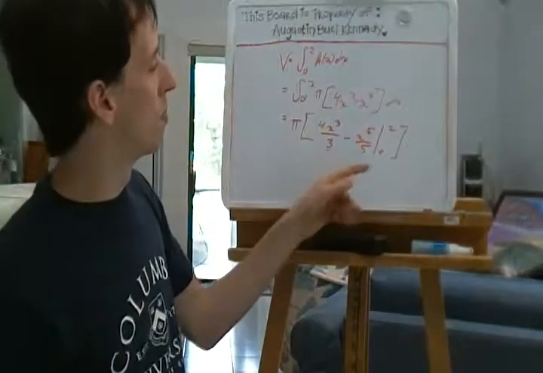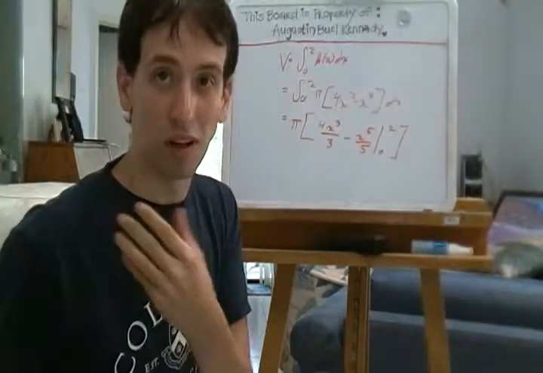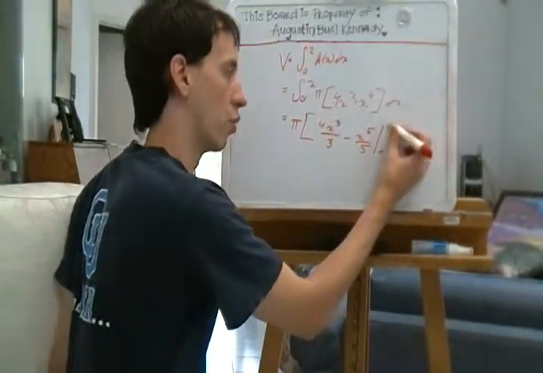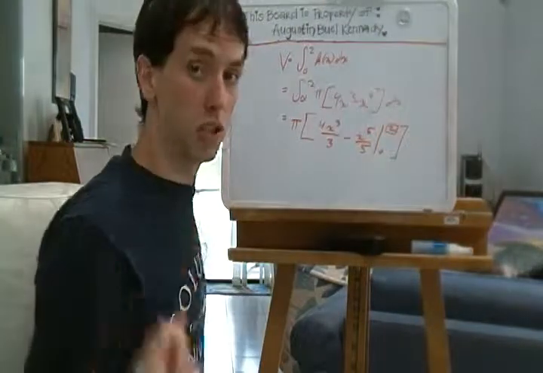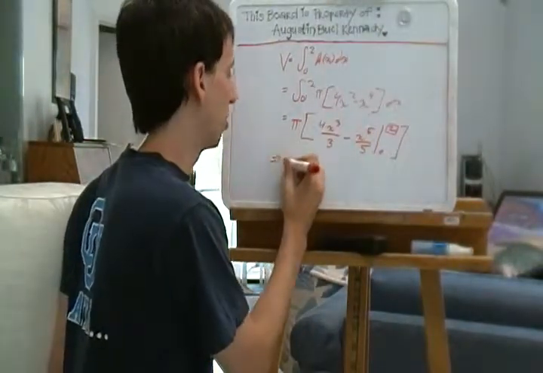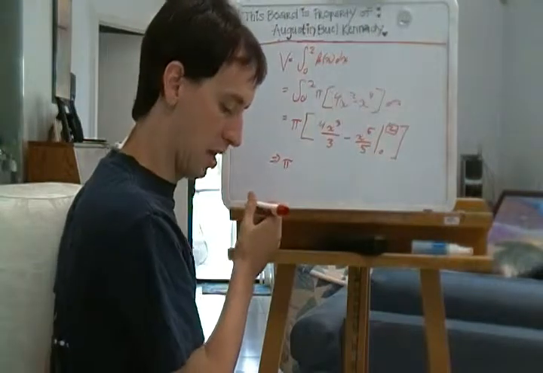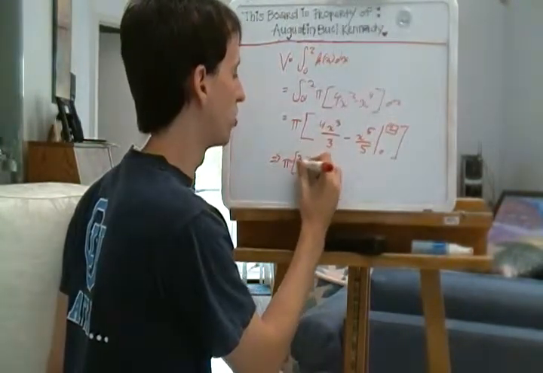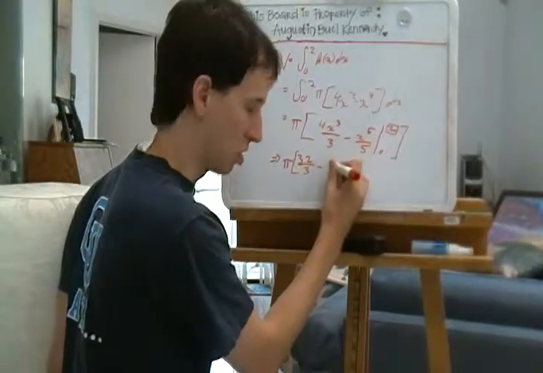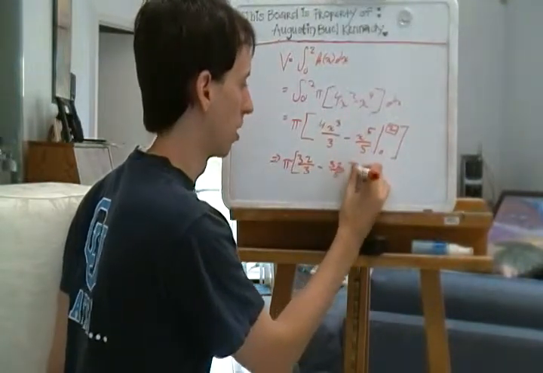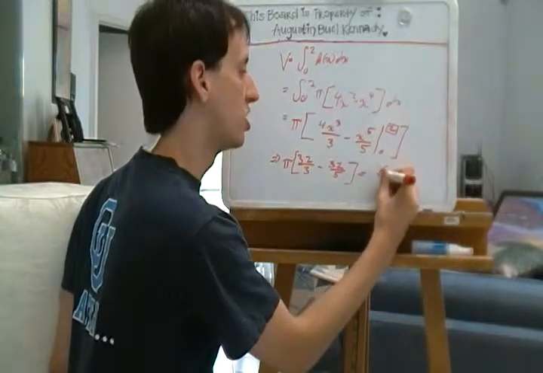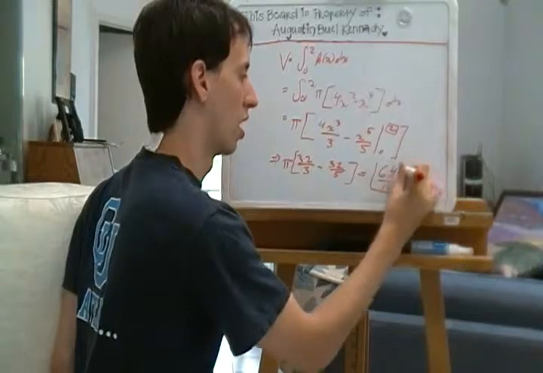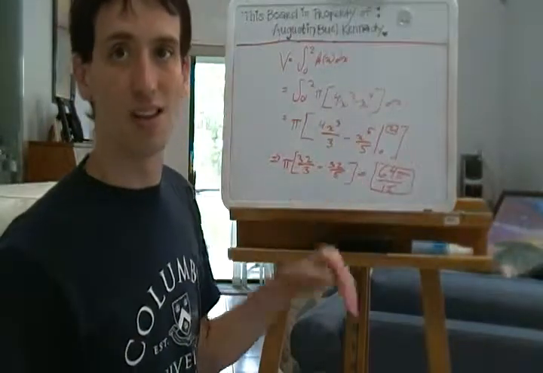If you plug a 0 into 4x cubed and x to the fifth, it will be 0, so we only have to worry about the top boundary, 2. It turns out that's going to give us pi times (32 thirds minus 32 fifths), or 64 pi over 15. And that is the volume.